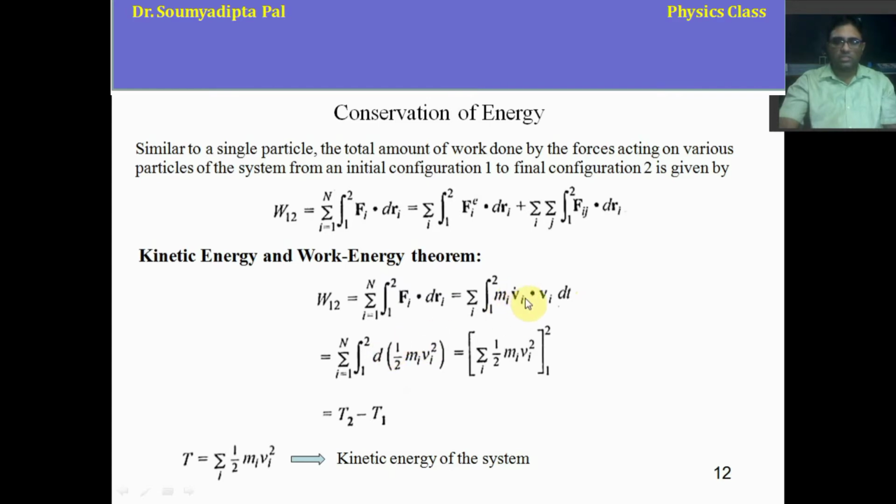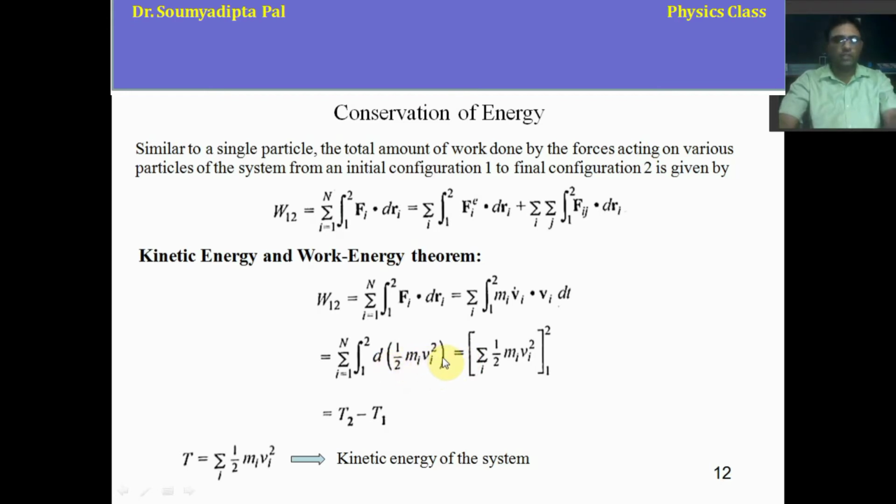How? This is dvi/dt. So in layman's way we can say that dt will cancel, but scientifically, dvi/dt means within that dt time the change of velocity will be dvi, right? So if we apply this differential on this parameter, there will be a 2 term, so that 2 will cancel out, and we are left with mi vi dot vi, right?